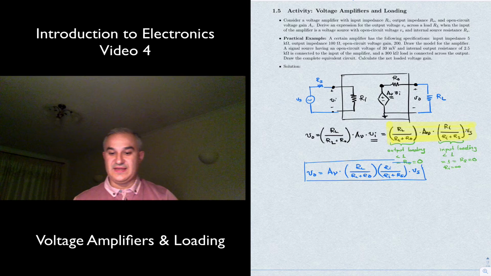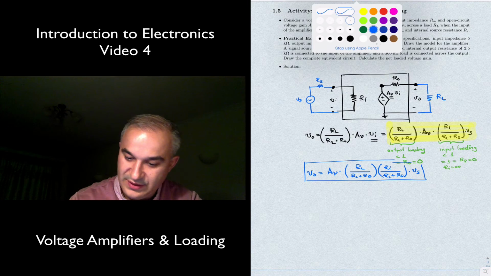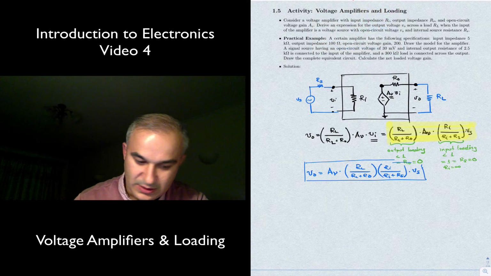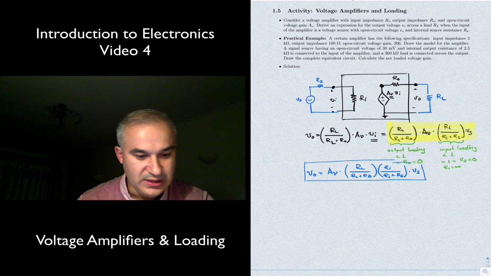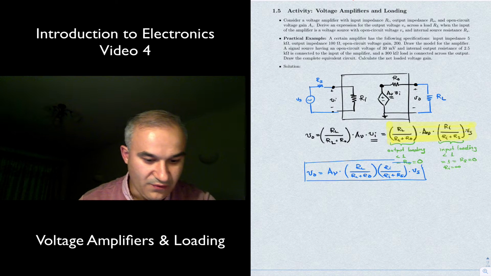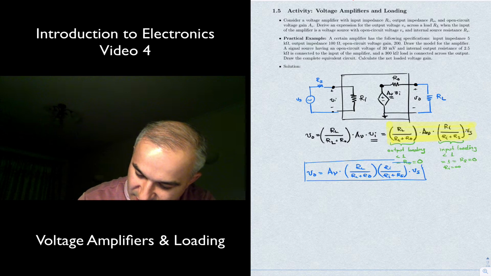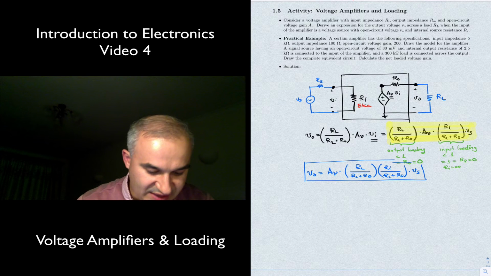So let's do this practical example now. Now, in this example, we say, well, we have an input impedance in this amplifier of 5 kilo ohms. We have a gain of 200.